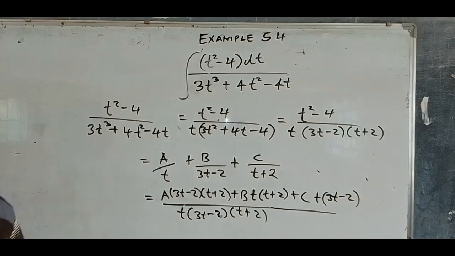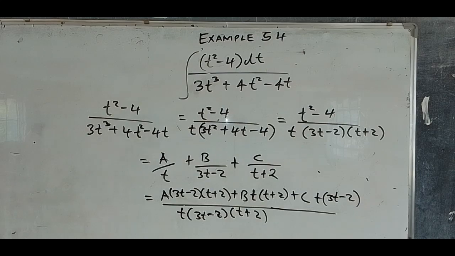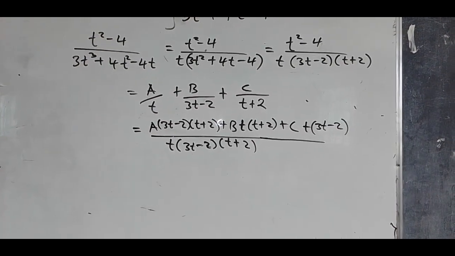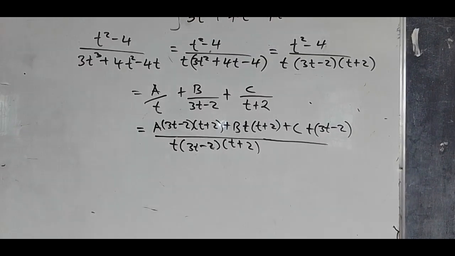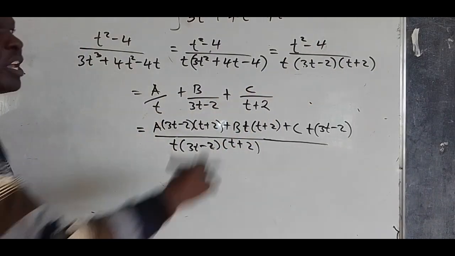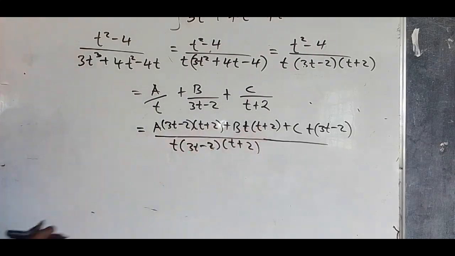So we compare the numerator because the denominator is the same. This denominator is the same as this denominator, meaning this numerator must be the same as this numerator.